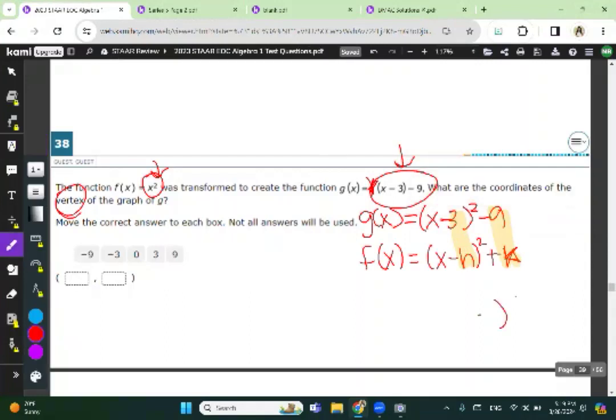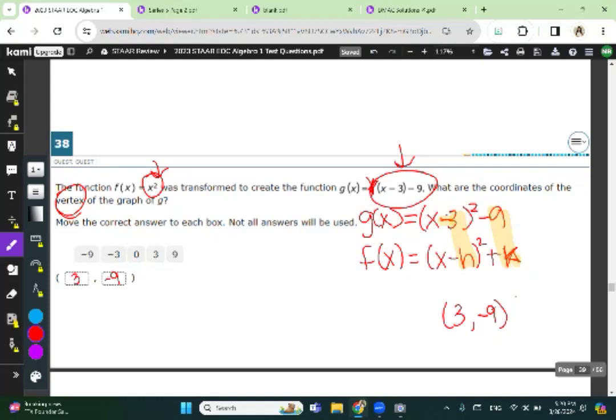But 9 is negative, so that's a negative 9. Now, I guarantee you a lot of people are going to mess up on this minus sign right here. It's already a minus sign in the formula, so that means originally you had to plug in a positive 3 to get that. So your vertex is 3, negative 9.